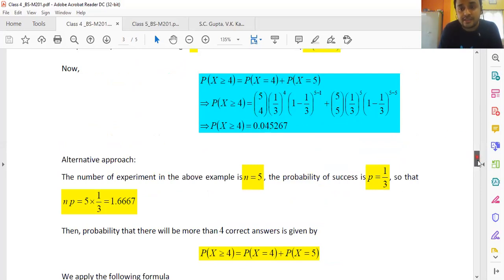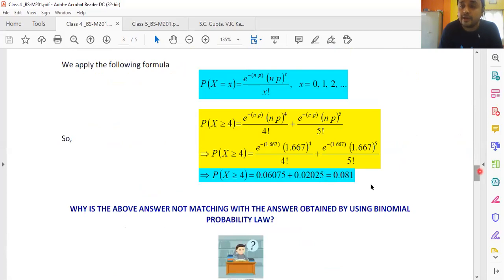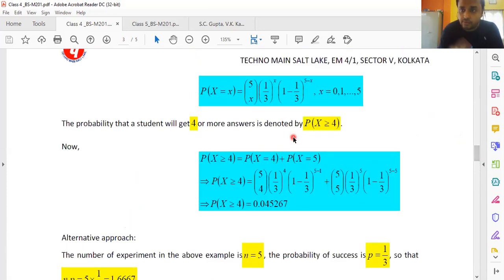And this probability is 0.081. Now, this probability law is not wrong, and that probability law is also a wonderful law. It can be very well derived for the same situation. By applying two probability laws, we are actually getting two different answers. Isn't it a very strange scenario?